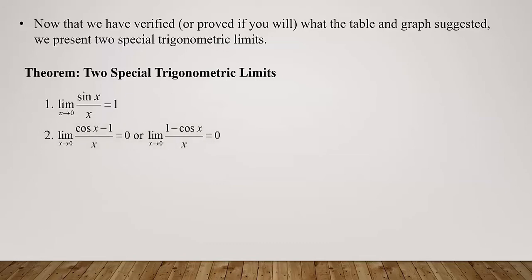The second part, the limit as x approaches 0 of cosine x minus 1 over x equals 0. Or we could say the limit as x approaches 0 of 1 minus cosine x over x equals 0. Those are two special trigonometric limits. You need to know these two limits. You need to commit them to memory.